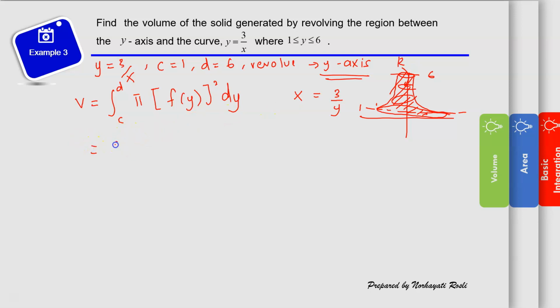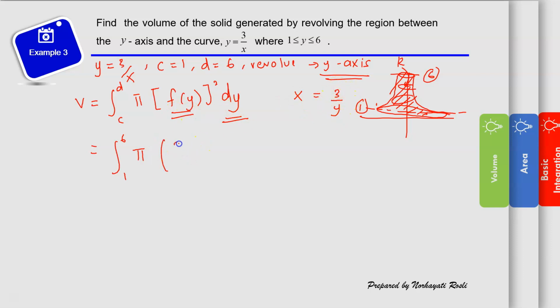So here we have the integration from 1 to 6. Remember, the coordinates are on the y-axis, no longer the x-axis, because we integrate with respect to y. Pi, and our function now is in terms of y.